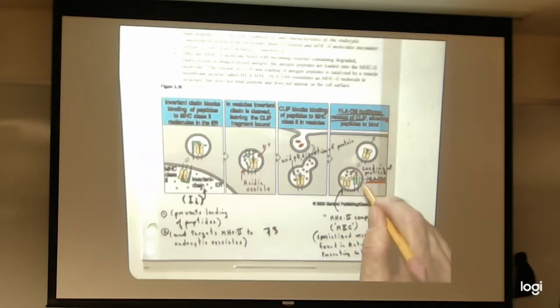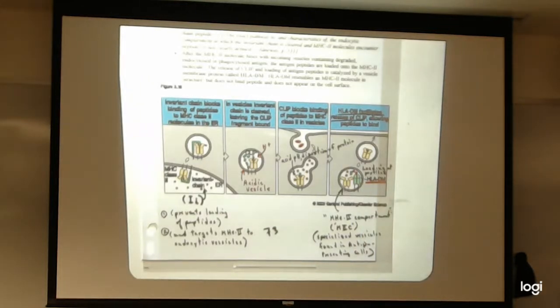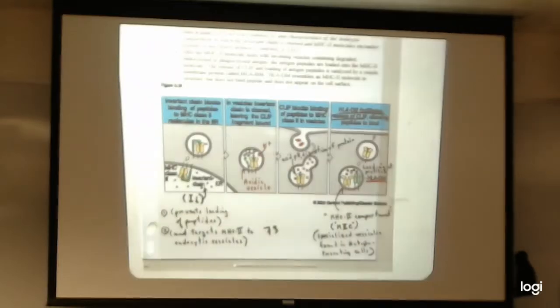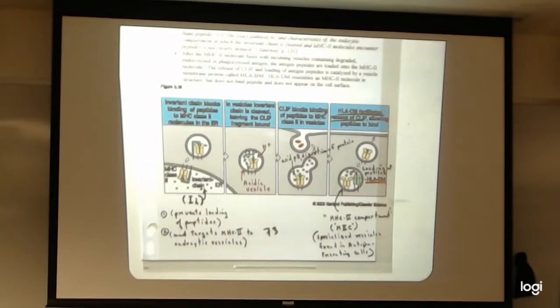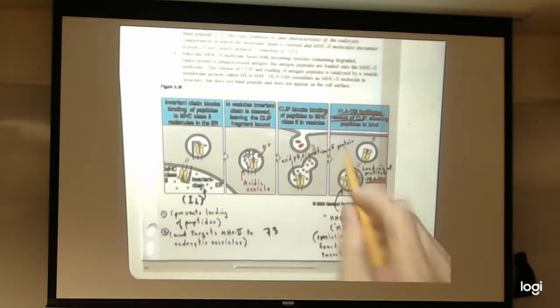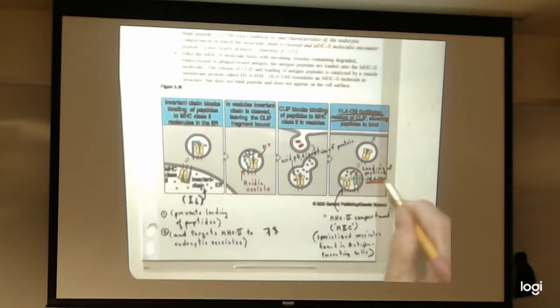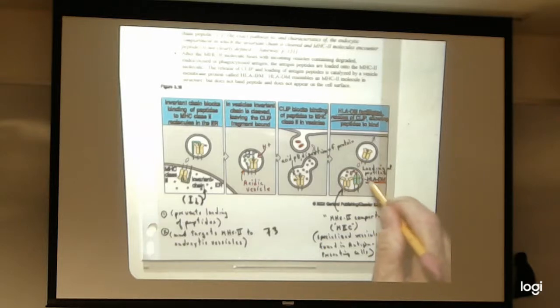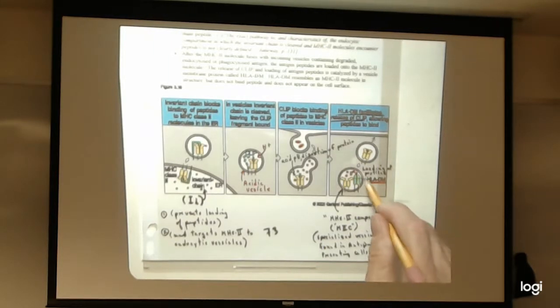In addition to that locus on the chromosome that has all the class 1 genes, A, B, and C, and all the class 2 genes, DP, DQ, DR, there's a whole bunch of other genes there that include the invariant chain and other MHC1 or 2 like molecules. One of these MHC2 like molecules is HLA-DM. Remember, HLA is an alternate way of saying MHC. Okay? So this is MHC-DM.